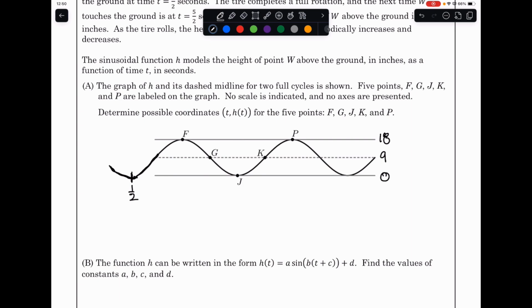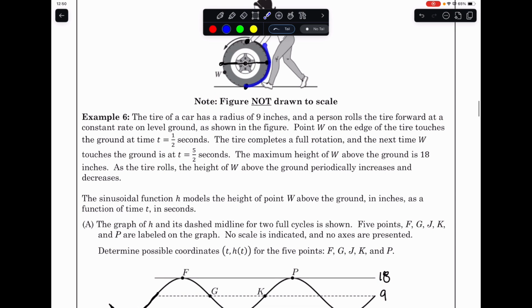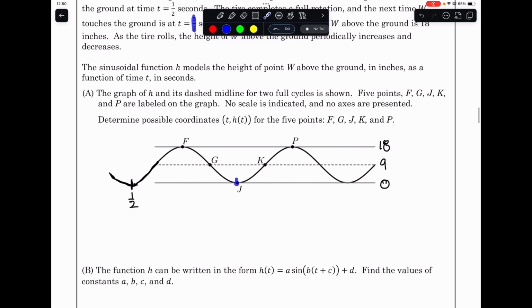And the next time it reaches the bottom, that's going to occur at 5/2 seconds. So 5/2 isn't the amount of time that it's lapped. That's the time that it's at point W, at the bottom again. So that would mean that at point J, this point is going to be at the bottom again, and that's going to occur at 5/2.